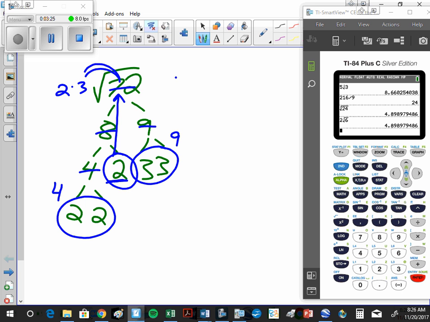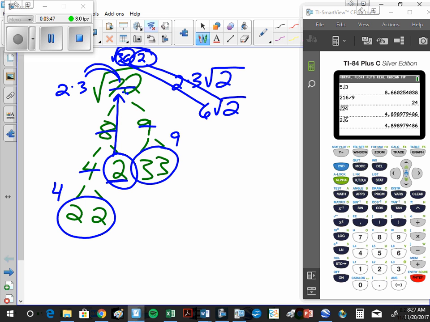I end up with 2 times 3 times the square root of 2, which is 6 square root of 2. That's how you simplify square roots. And what we really did was we pulled out a 36. 36 times 2. The square root of 36 is 6, and the square root of 2 stays behind.